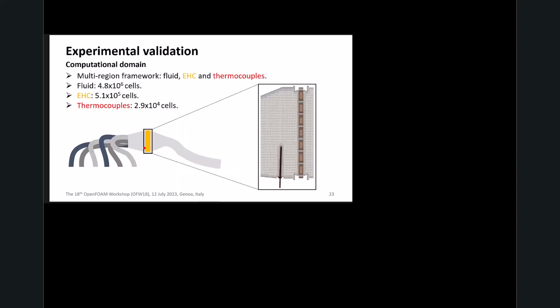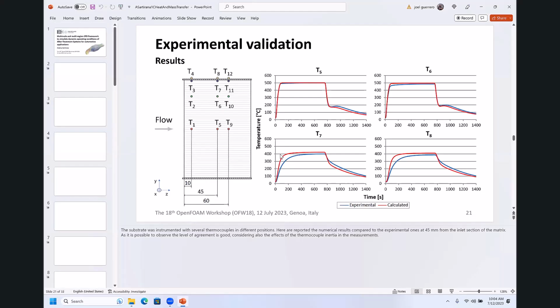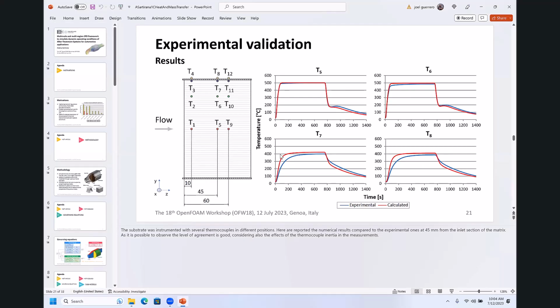We have a correlation that is based on the Nusselt number, and there are several correlations that permit calculating it. In particular, we can keep the Nusselt number constant, assuming the flow is fully developed in the channel of the substrate. But we have a more refined correlation which considers the increased heat transfer in the entrance region of the catalyst, and then it tends to be constant. This one is a modified correlation.